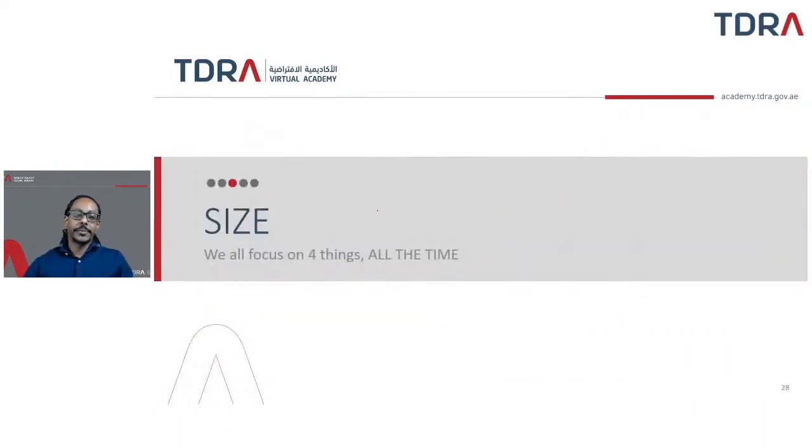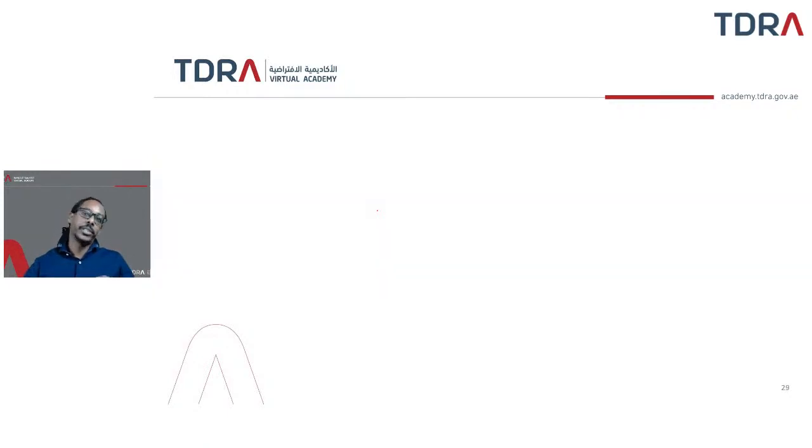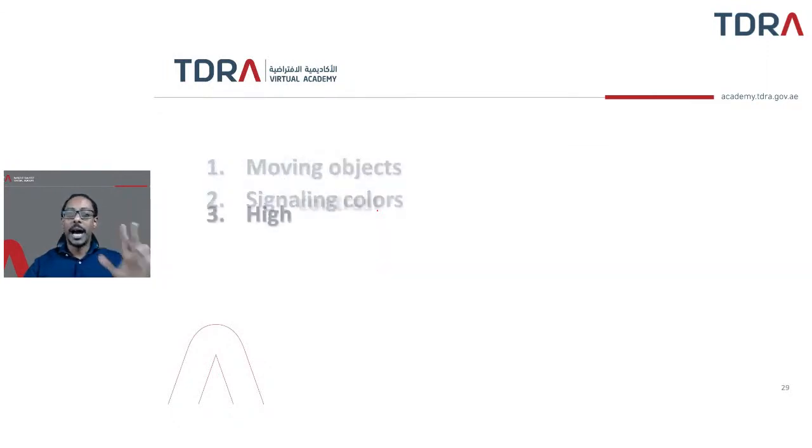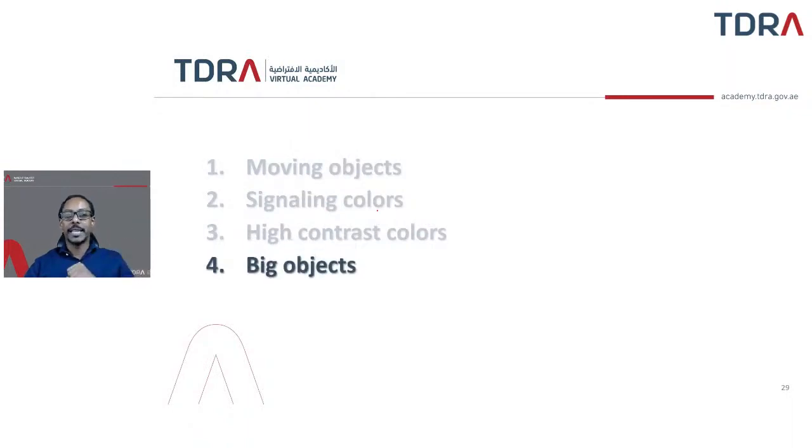Number 3, size. Believe it or not, all human beings focus on 4 things all the time. And these 4 things are moving objects, signaling colors, high contrast, and big objects. Let's put it in an example. When you're driving on the road, what grabs your attention is the advertisements.